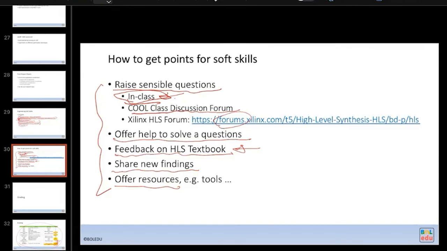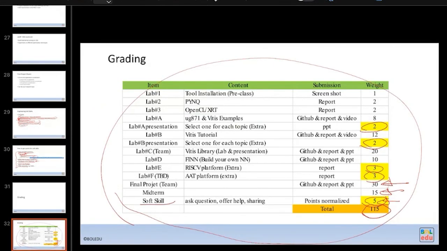For example, if you raise a question, then we have a record that you asked a question in the class, or in the class discussion forum, or you offer help or solve questions. So we will have a record of how many points you accumulate. At the end, we will do a normalization among all the students, and then assign the final grade point from 1 to 5. The soft skill total is 5 points.